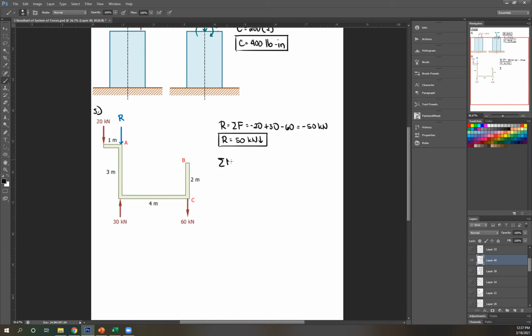So summation of moment at A is equal to forces times distance. So let's take moment at A. So R cancels out. So C, now I have to take an intelligent guess of the direction of your C. Should it be clockwise or counterclockwise?